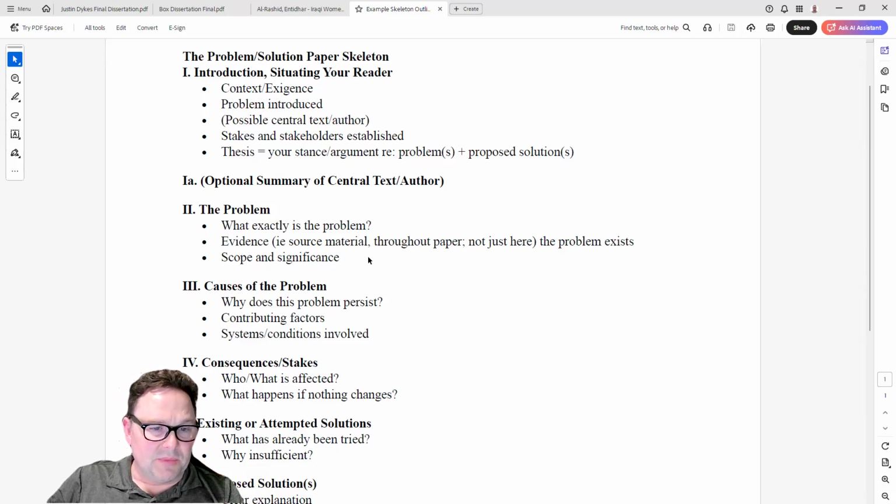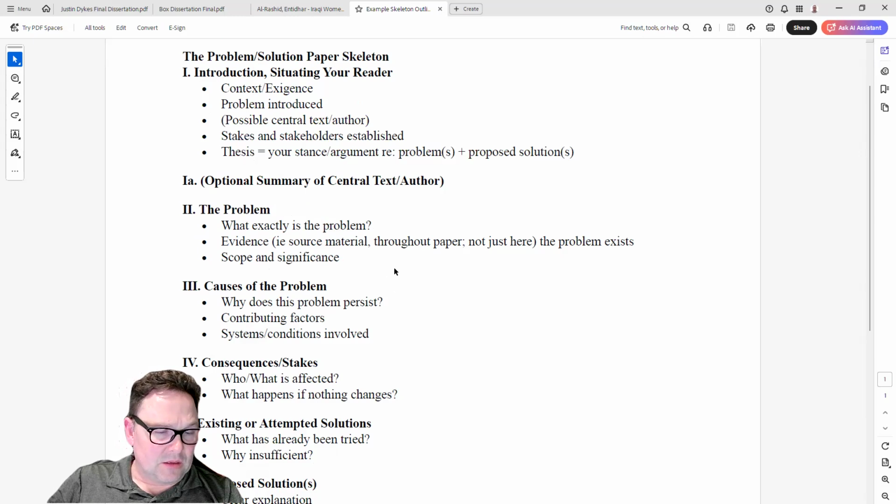Exactly what is it? Maybe you can start bringing in some of your source material here, relying on direct quotations or paraphrases to help you make clear what is the problem associated with your topic, the scope, the significance.